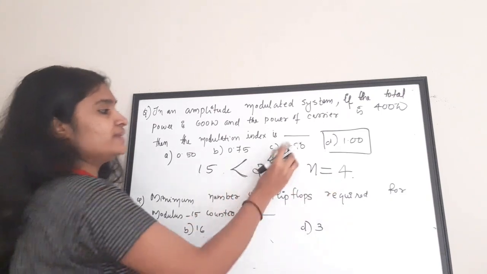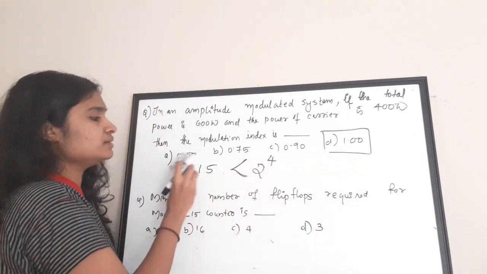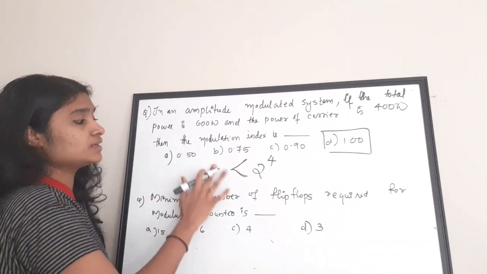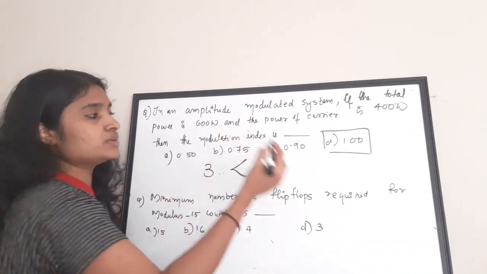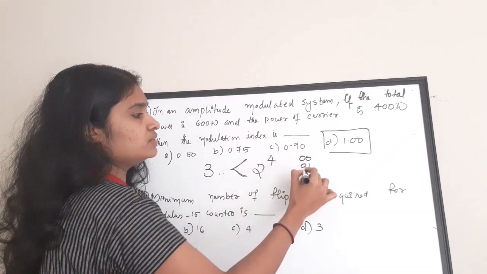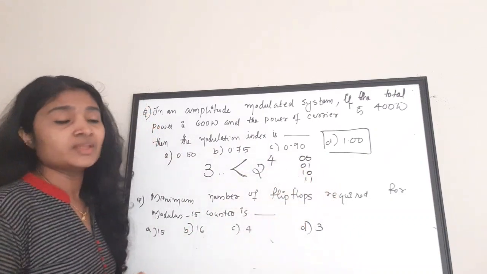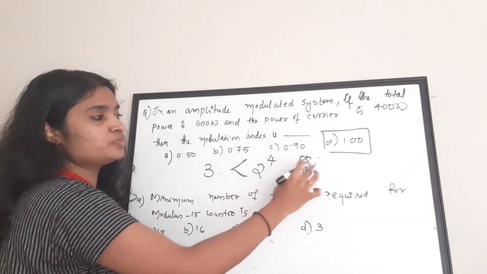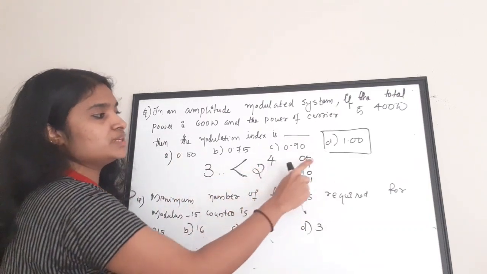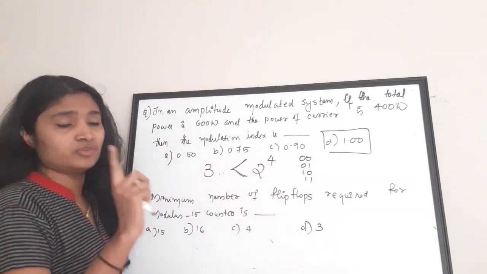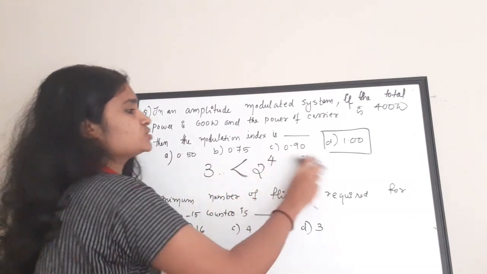Let us try another example. Consider a modulus 3 counter. Modulus 3 counter means it counts 00, 01, 10 and 11. So here itself it is clear that the number of flip-flops needed is 2, that is, for each bit you need 1 flip-flop. But let us not think like this.